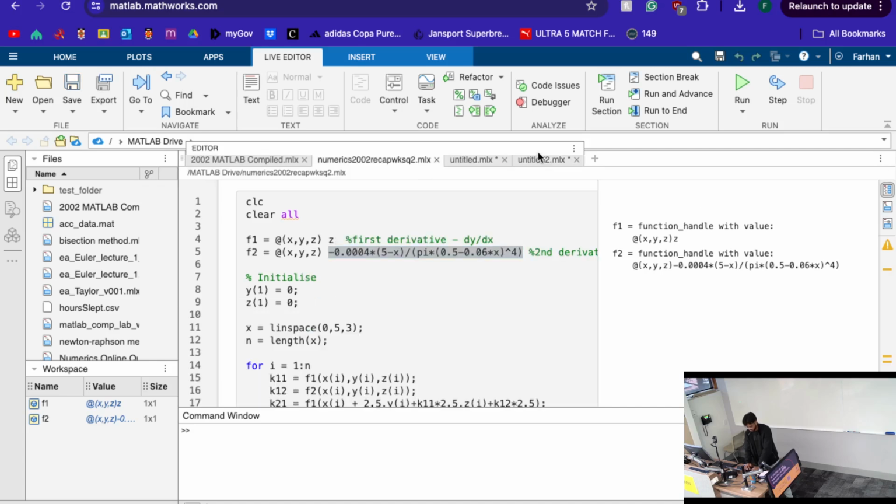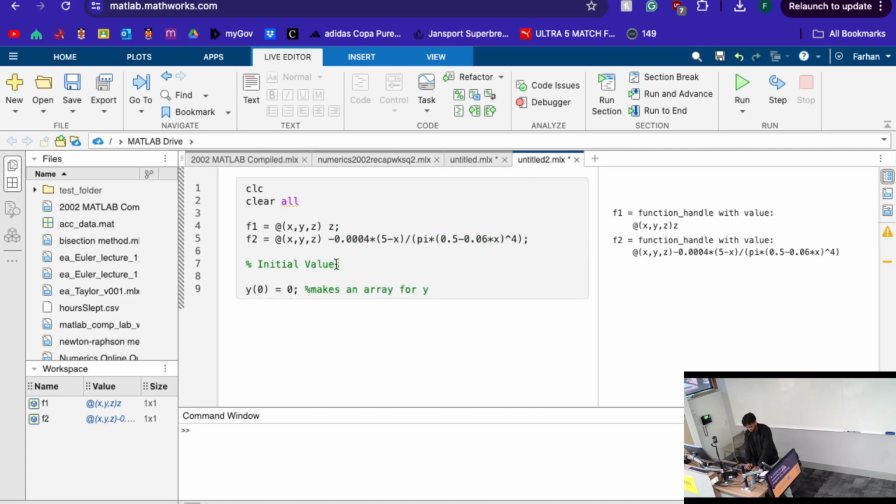What else is there? Z. And this one makes one for z. Oh yeah, I did make a mistake earlier. I put it as 0, but that's for Python. For MATLAB, the very first index is always 1. In Python it's 0, but in this case it's 1.